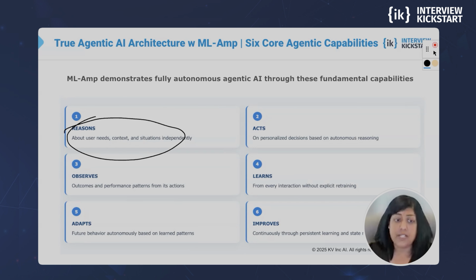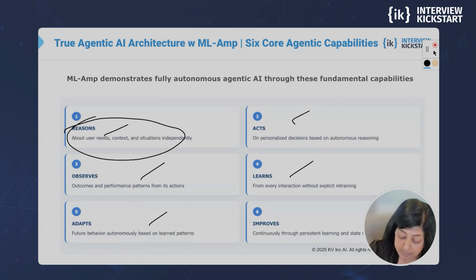Okay, it observes the outcomes. It looks at how I am performing on my questions in the context of a practice session, and it learns through every interaction without any explicit training. So these are agents working completely autonomously, doing the reasoning, the acting, the observing, the learning, adapting, and improving, completely independently.